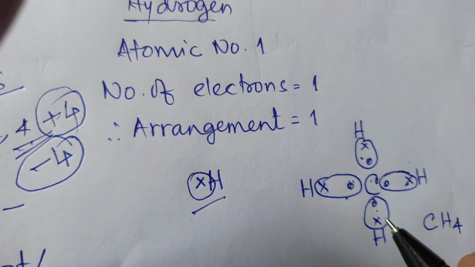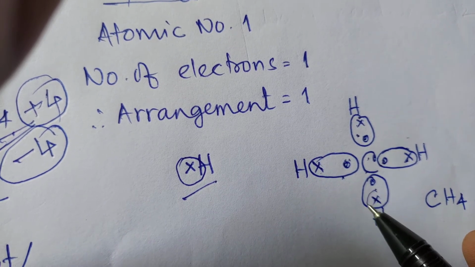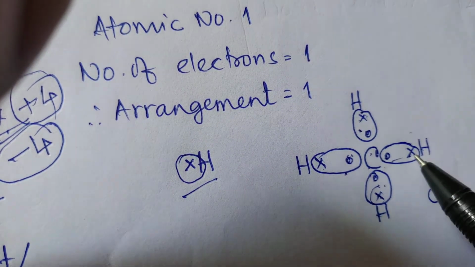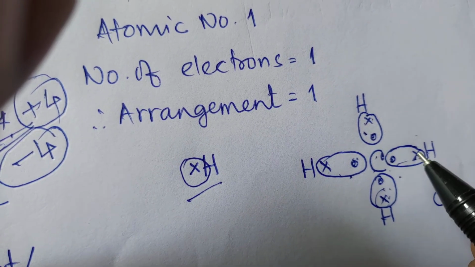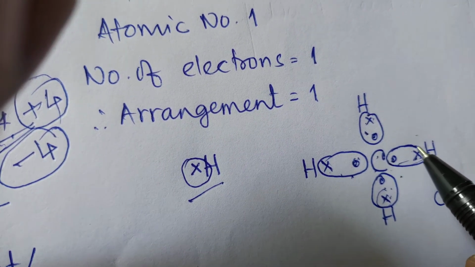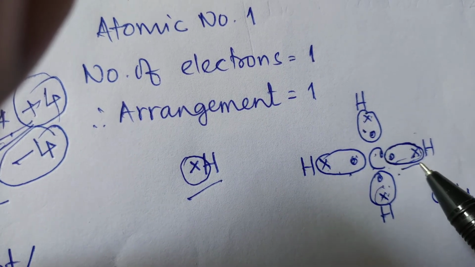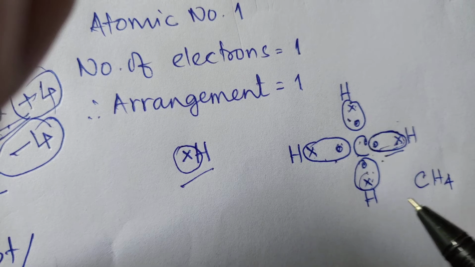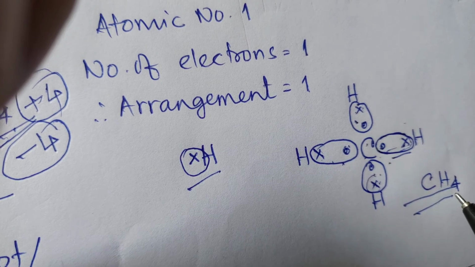By this way, one carbon atom can share the only electron of each hydrogen, and it can become 8 electrons, 2 plus 2 plus 2 plus 2, in its outermost shell. On the other hand, hydrogen, by using 1 electron of carbon, has 2 electrons, a stable configuration named the duplet configuration. By this way, this forms a compound called methane, CH4.